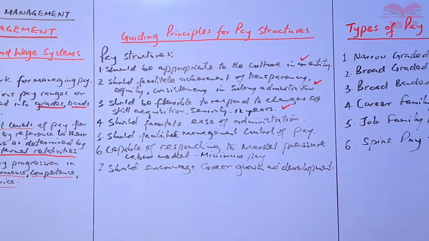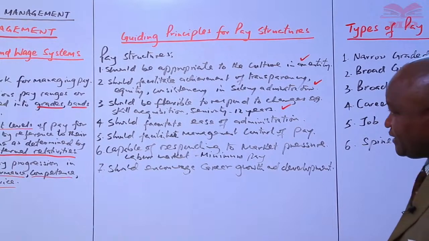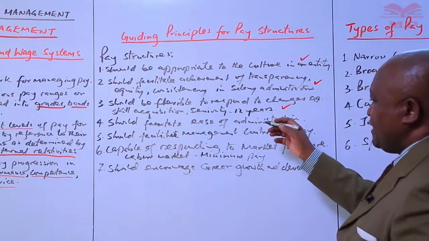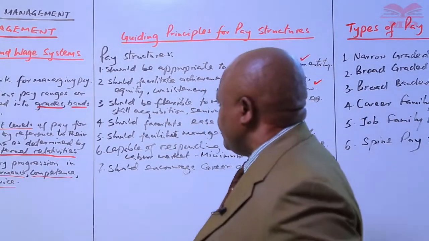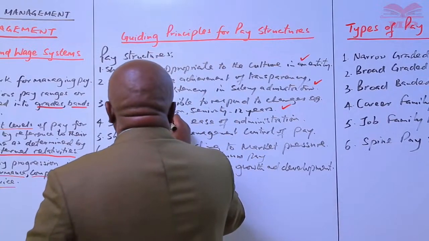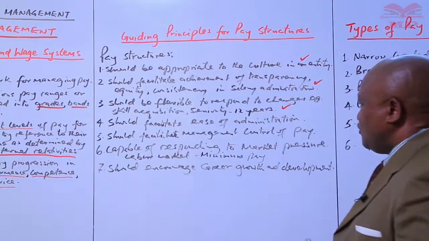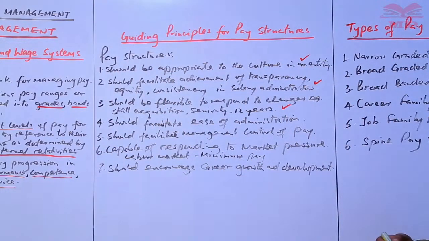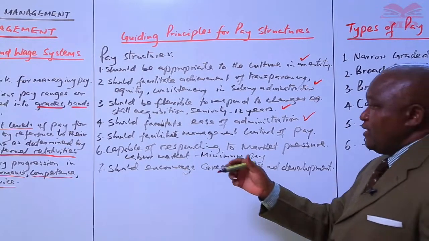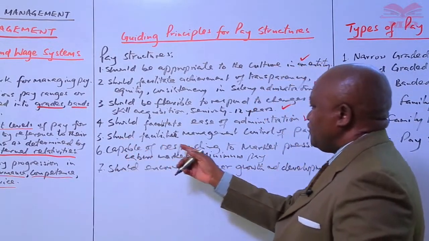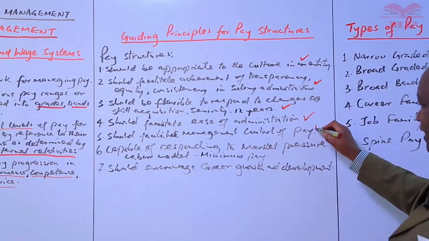Number 4, pay structures should facilitate ease of administration of the pay systems. Number 5, pay structures should facilitate management control of pay.